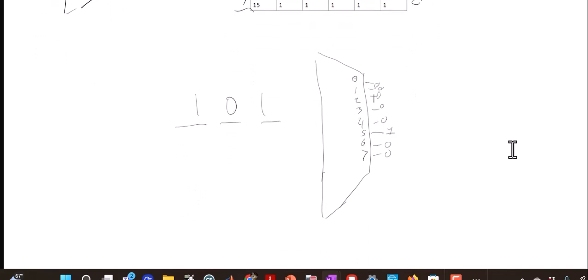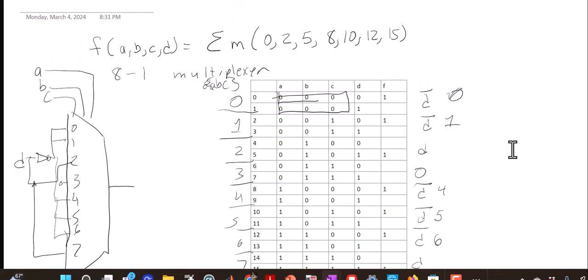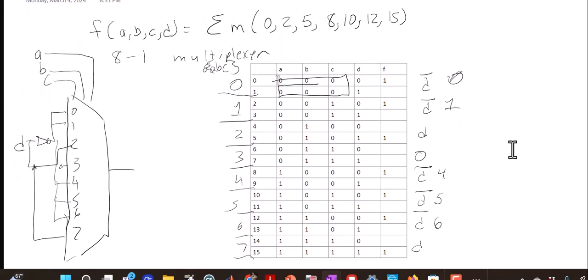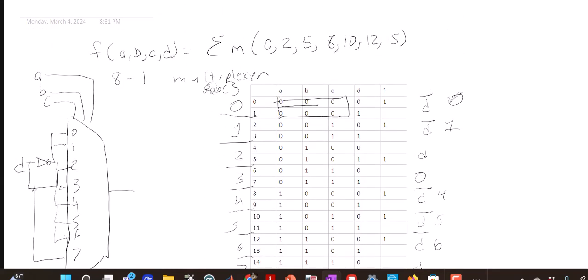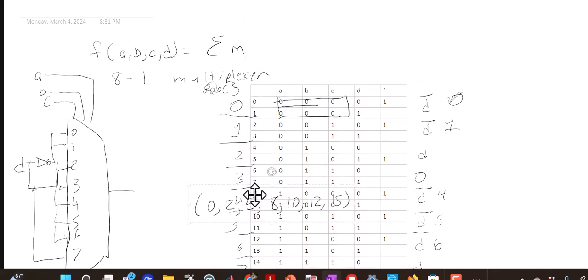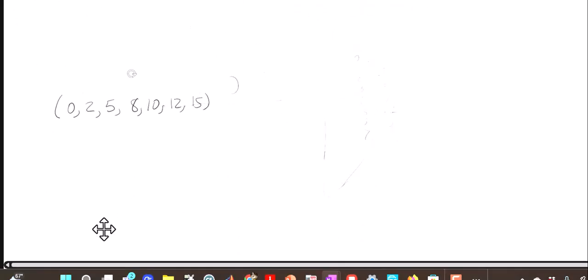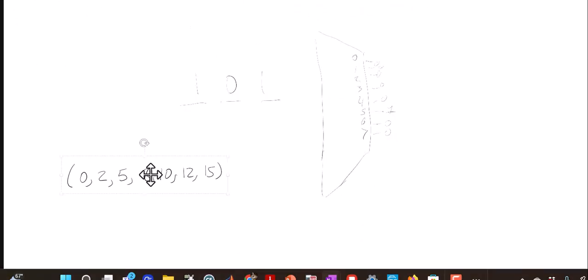But I only have a 3-bit decoder. So let's take a look at these numbers.